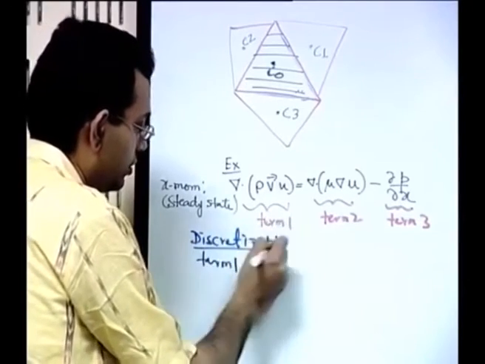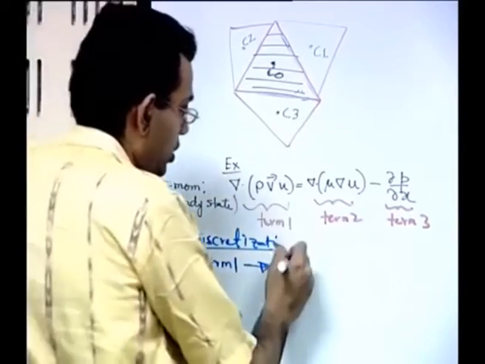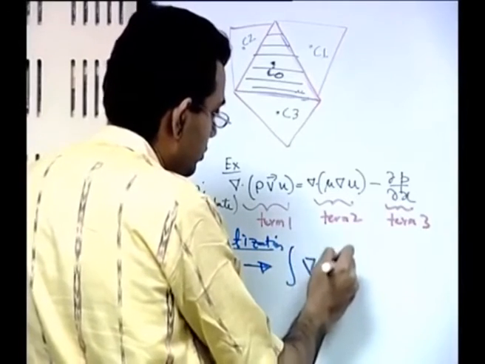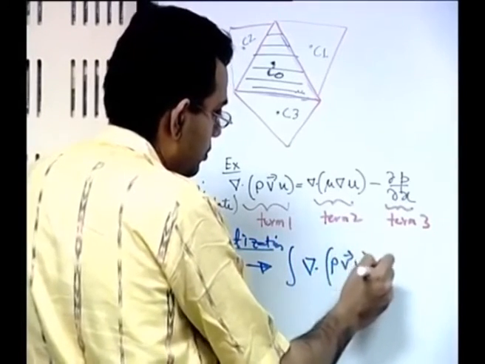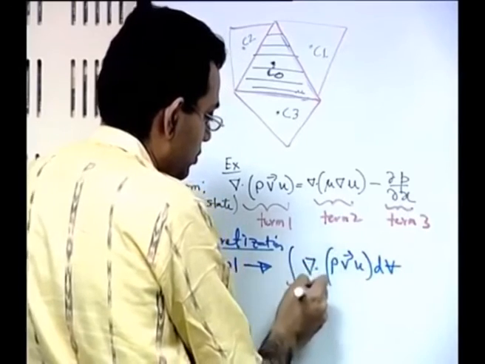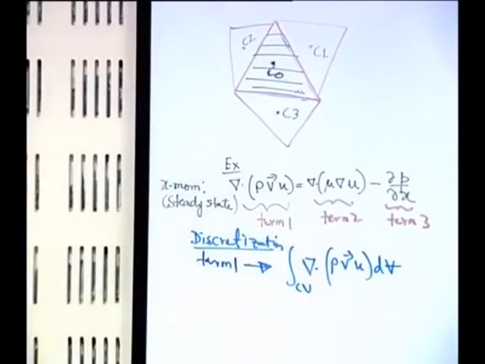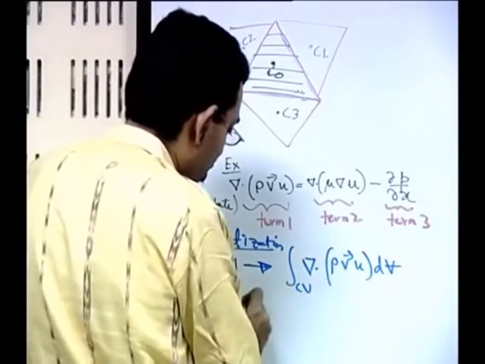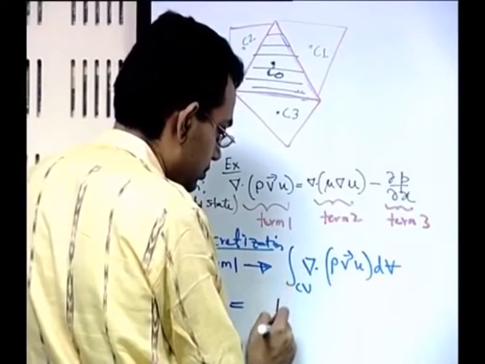Discretization of term 1. So the integral, where the control volume is the shaded triangle. So what will this be?